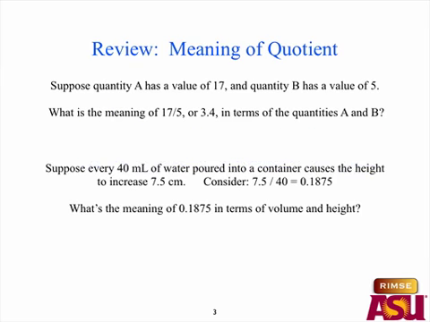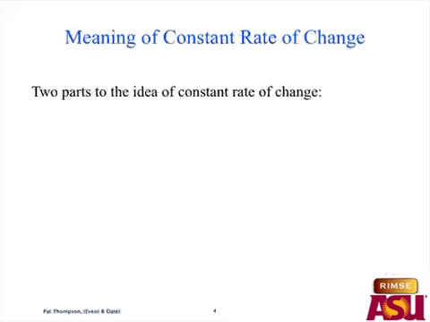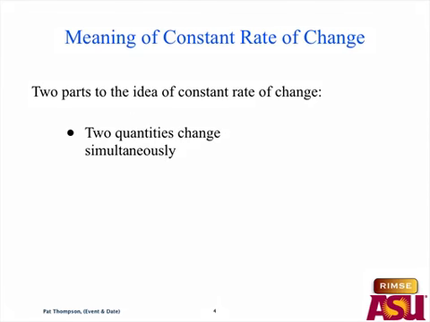So that's a review of quotient, which is absolutely key in constant rate of change. So here's your quiz number 1. The 2 parts to the idea of constant rate of change. First, you've got to have 2 quantities. You can't talk about rate of change with just 1 quantity. You've got to have 2, and they're changing together. So as you change one, the other changes. That's the first part to the idea.